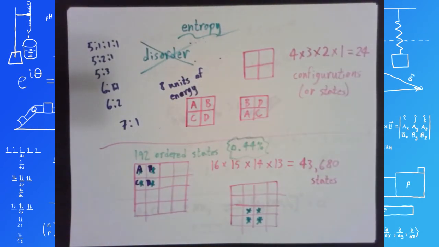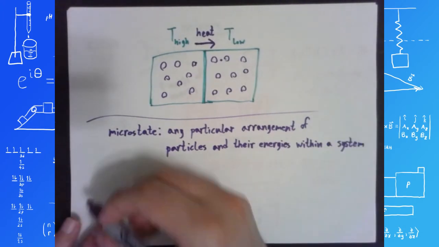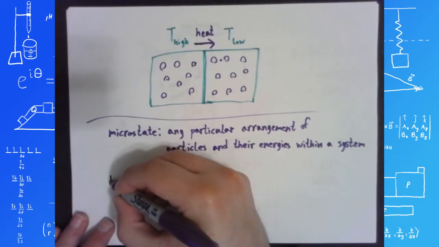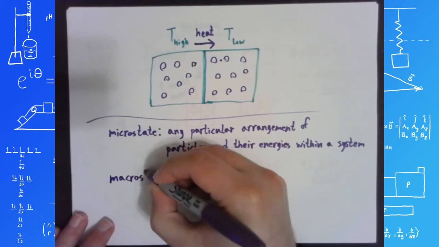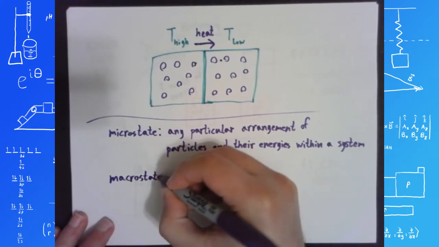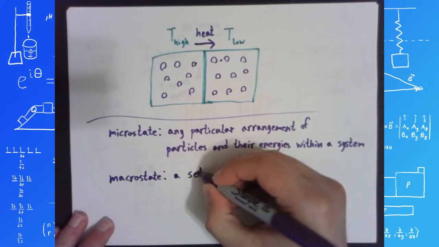So overall, 43,680 possible microstates. A macrostate, on the other hand, is basically a set of microstates that have something in common. A macrostate is a set of microstates.